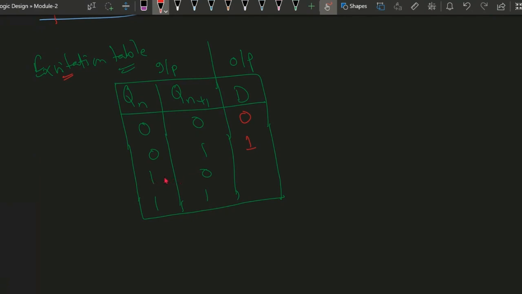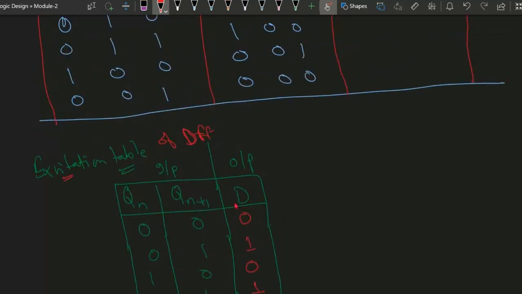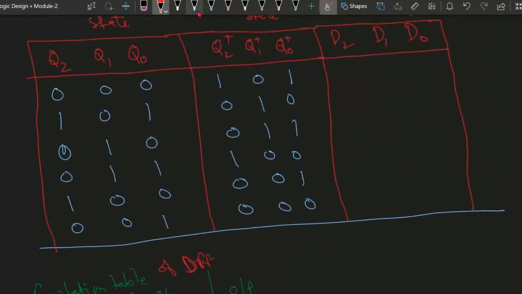If Qn, the present state, is 1 and the next state is 0, D should be 0. If the previous state is 1 and the next state is 1, D should be 1. So this is the excitation table of the D flip-flop. From this excitation table, we can fill the values here.